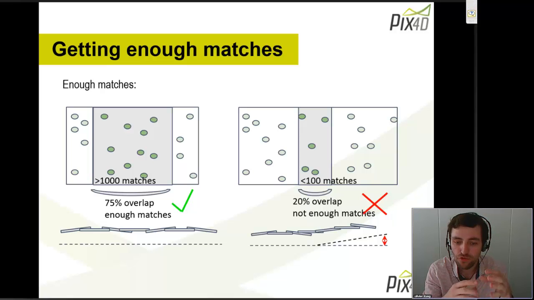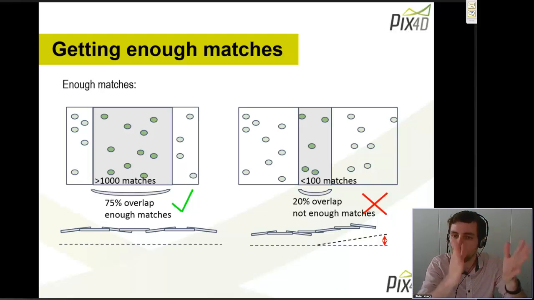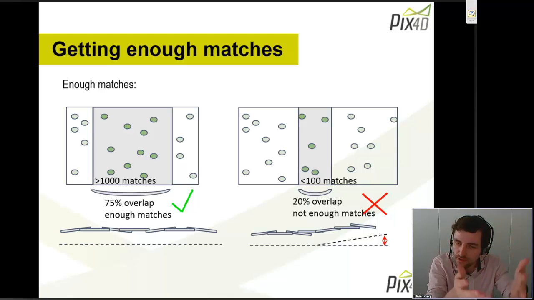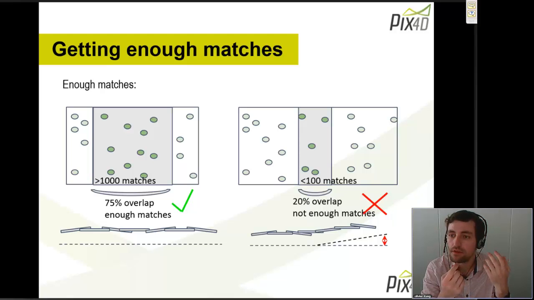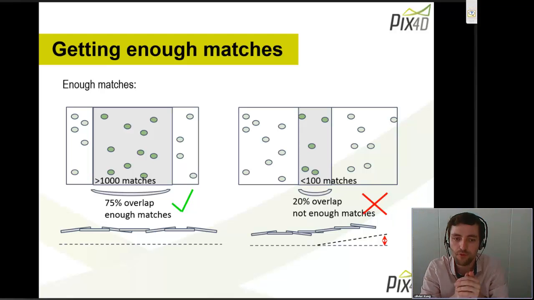We can estimate most of the defects of these sensors, meaning the internal geometry is always changing as soon as you have shock or temperature changes. We are able also to model imperfection in the lens, which is doing radial distortions. And we are able to compute 3D without starting from an initial guess about the position and the orientation of the camera. The trick that is used to do that is by having a huge number of tie points and key points.